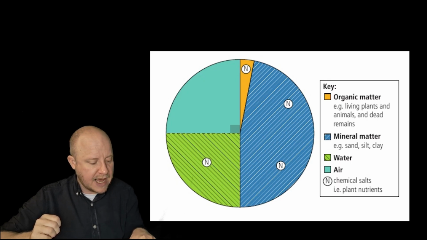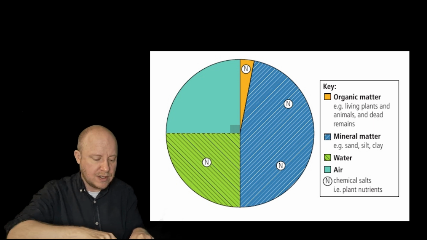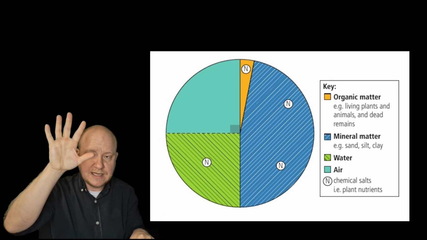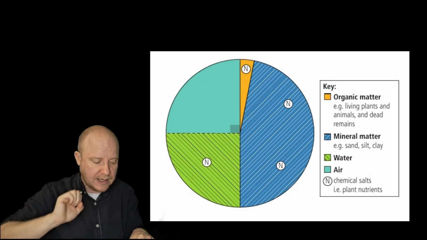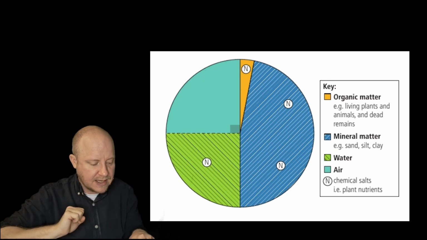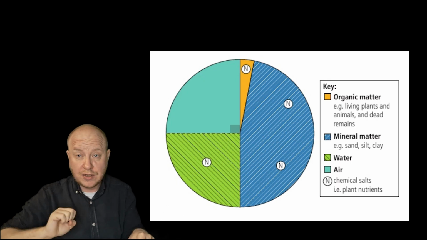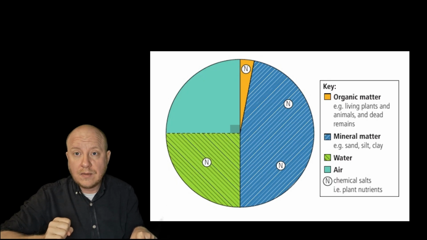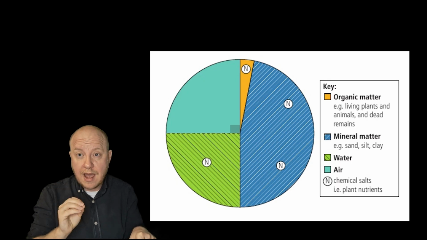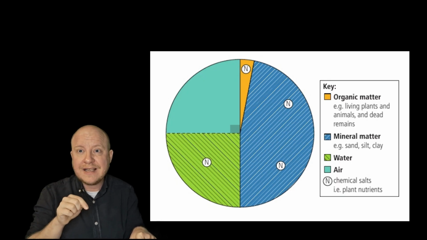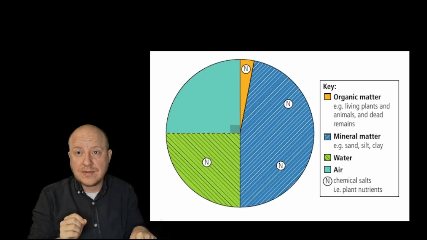The dashed line between the water store and the air store, see that dashed line between the teal and the green, indicates that the proportions of these two stores are inverse to each other. If you think about that, that makes sense. The water and the air in the soil are in the same place, between everything else.